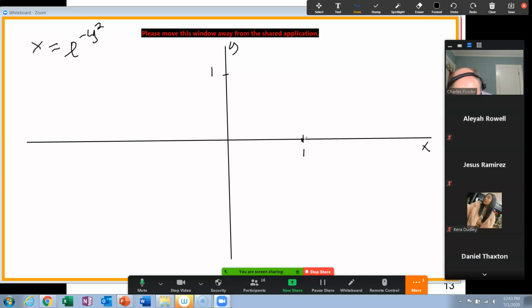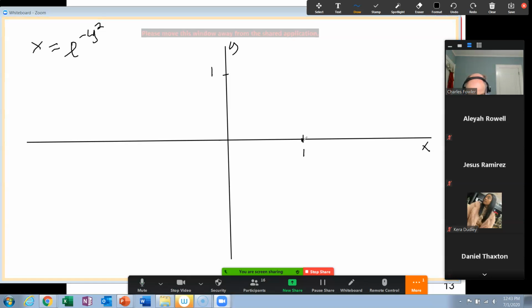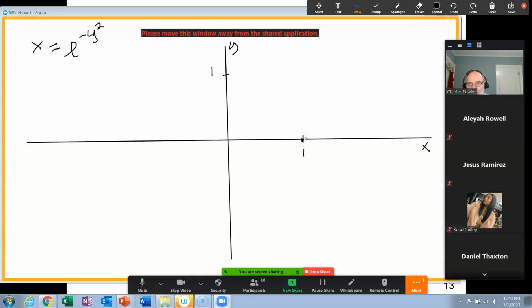Now, I don't know that off the top of my head, so let me get my calculator on my phone. I have to turn my phone sideways. What we have is x equal to e to the minus 1.